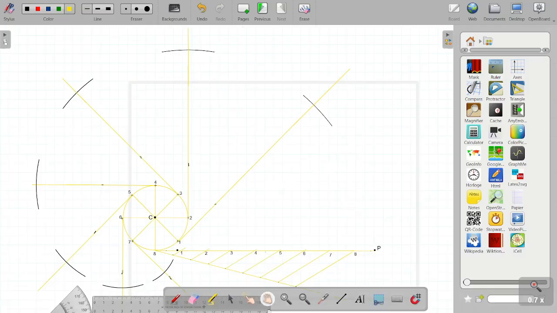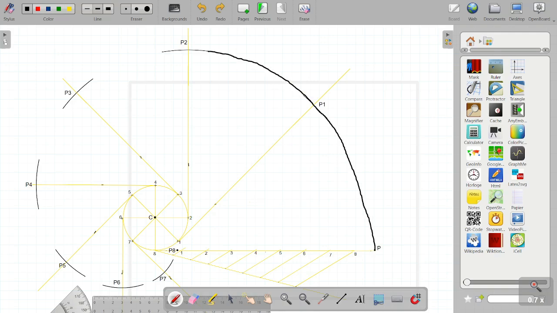Now we will name the points which we have just marked, starting with, let us say, point P1. So the curve should pass through all the points P1, P2, then P3, P4, then P5, P6, P7, P8, and maintaining the continuity of the curve, just join this curve on the circle.